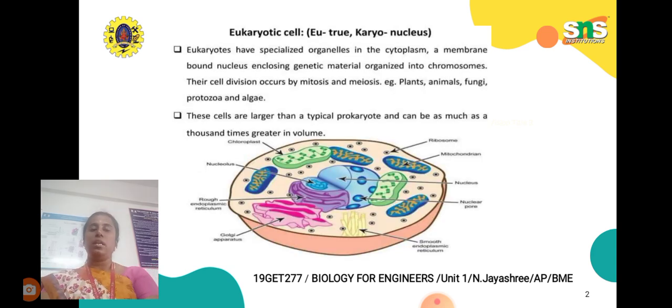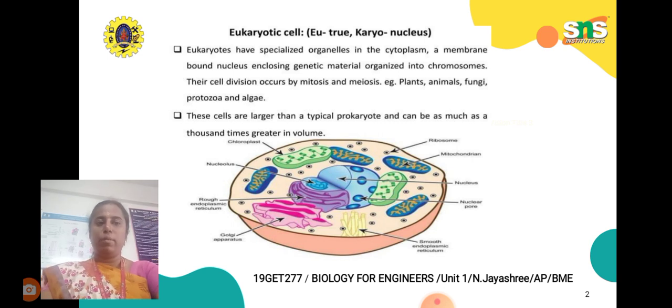So let us see eukaryotic cells. Eukaryotic means eu is true, karyo is nucleus: true nucleus. Eukaryotic cells have specialized organelles in the cytoplasm, and a membrane-bound nucleus enclosing genetic material organized into chromosomes. Their cell division occurs by mitosis and meiosis. Examples are plants, animals, fungi, protozoa and algae.